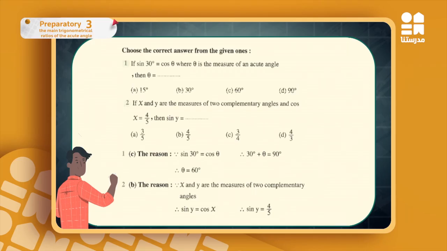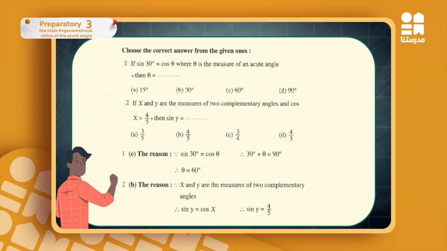Question number 2: if x and y are the measures of two complementary angles and cosine x equals 4 over 5, then what is the value of sine y? Again, this is the same note we talked about. For two complementary angles, the sine of any one of them equals the cosine of the second.